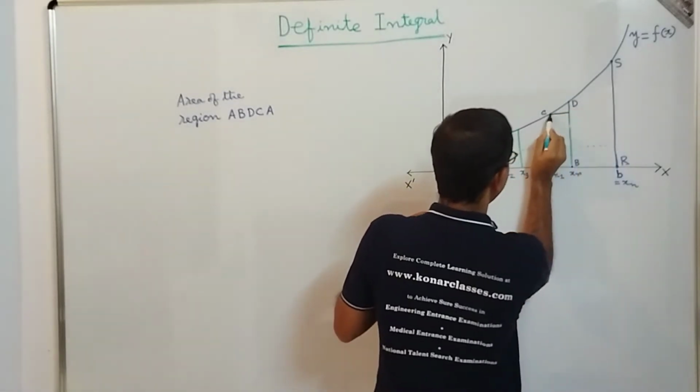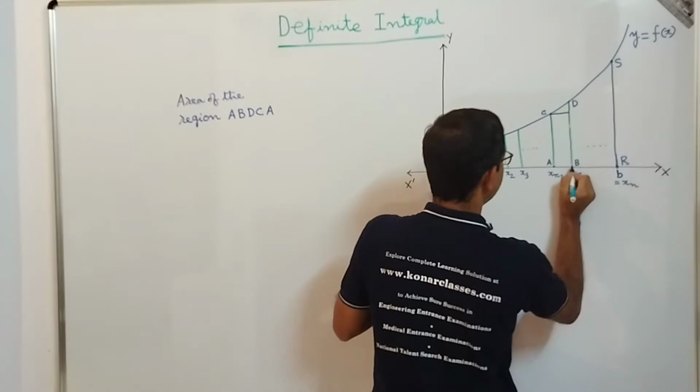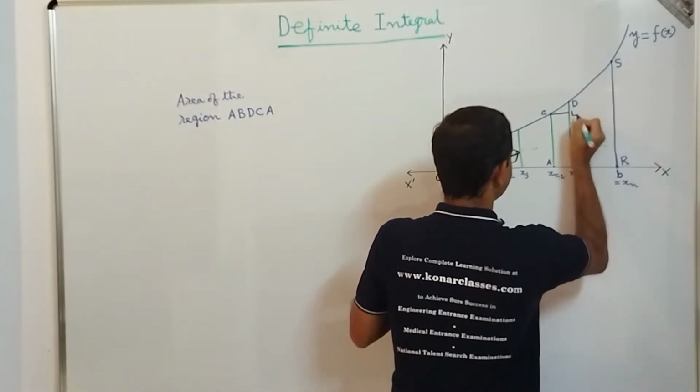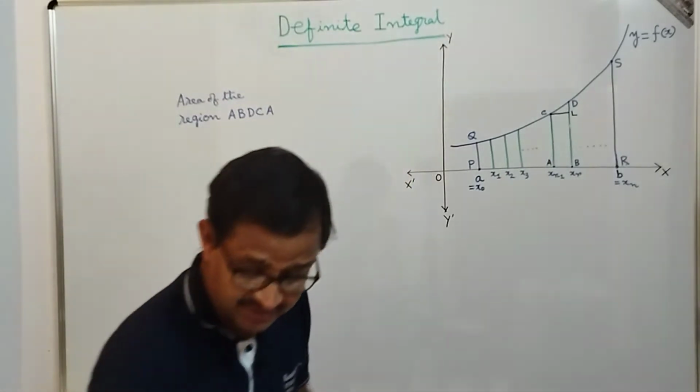From this point C we draw a perpendicular on the line BD, and suppose we name the foot L. Then what do we get, dear students?